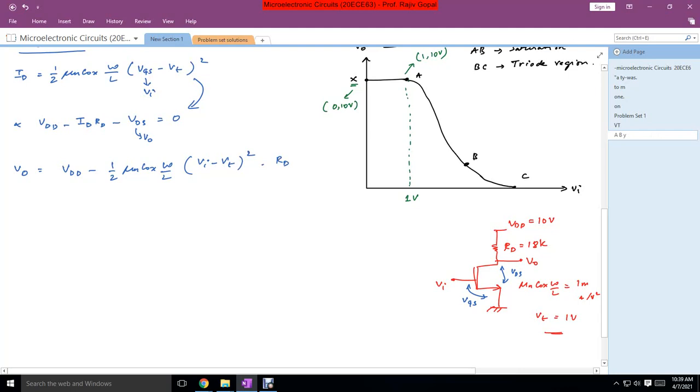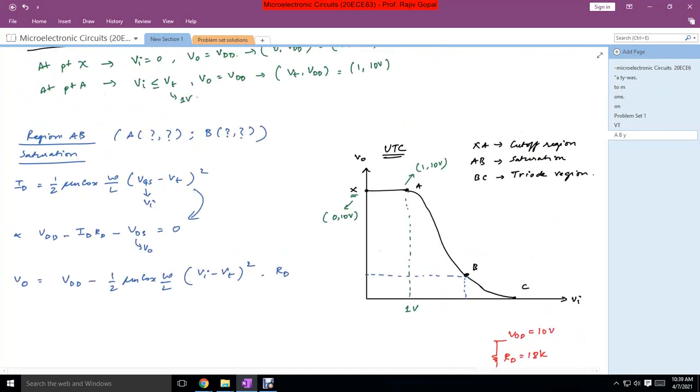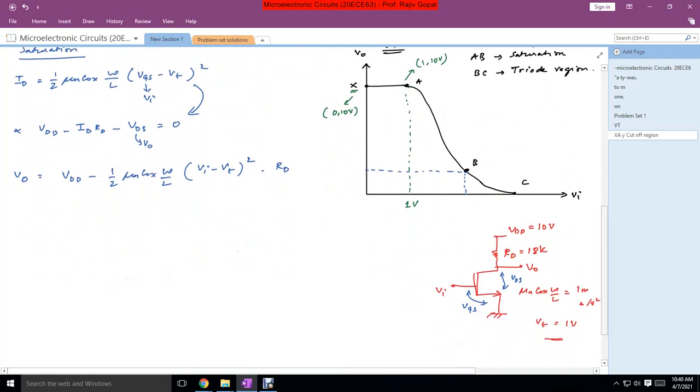Now if I look at this point, I already know the coordinates of point A. I'm sorry, this was actually wrong. This is 1 volt comma 10 volts. I have to find the coordinates of point B. Now point B is where the MOSFET switches over from saturation to triode, right?